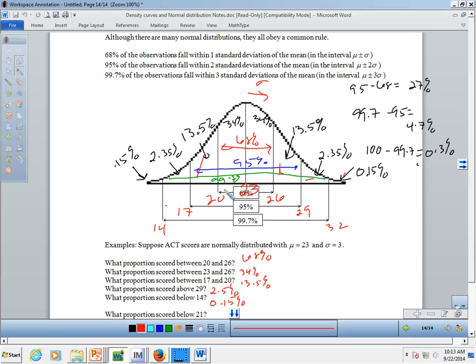So why don't we worry about that at a later time, okay? For now, we'll stick to just these standard deviations and the proportions in relationship to those standard deviations, okay? So use your notes. This will help you some.